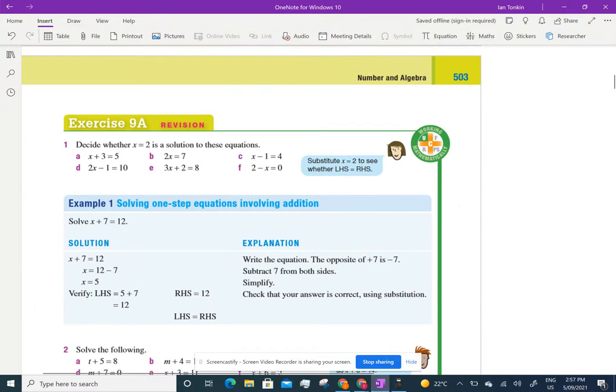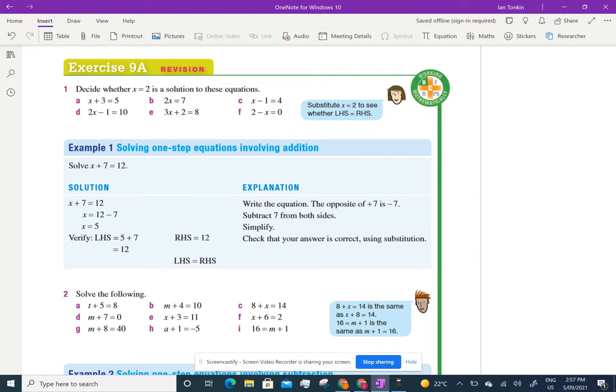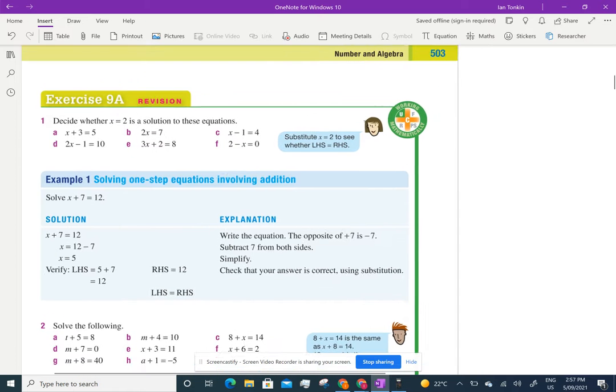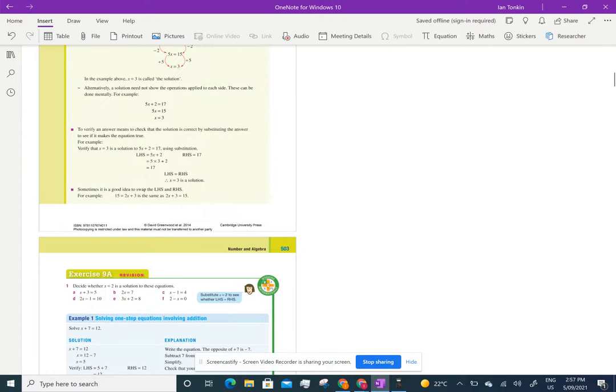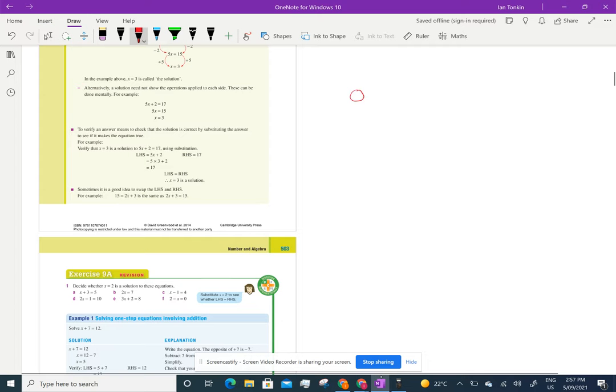So when we look at an equation, we're trying to take things away. And to take things off or to undo things in mathematics, we call them inverse operations. So you have a set of things you call operators or operations that you can do. And you already know those.